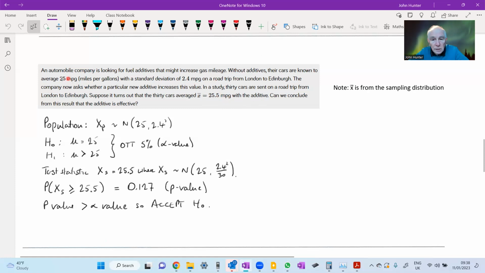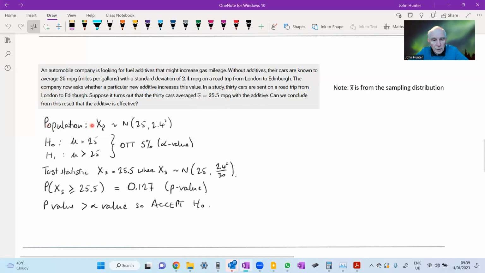Incidentally, it does not say here that with this mean of 25 and the standard deviation of 2.4, that this is normally distributed. It could be any distribution, but we are taking this as being normally distributed.